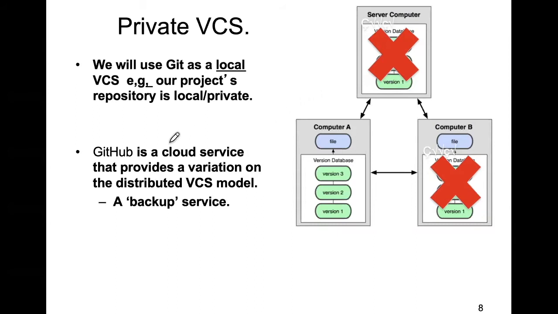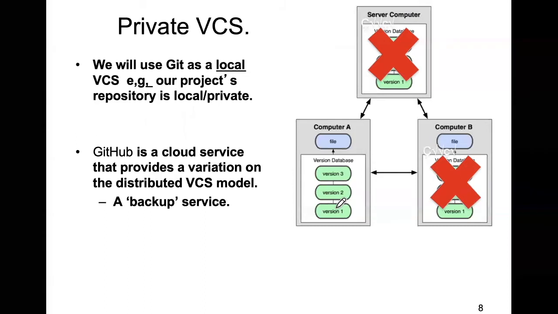Now you may ask, where does GitHub come into the picture? Really, all GitHub is, is a cloud service that allows you to make a backup copy of your private standalone Git repository. That's how you can think of it. It's not so much this distributed model that I was explaining in the previous slide.